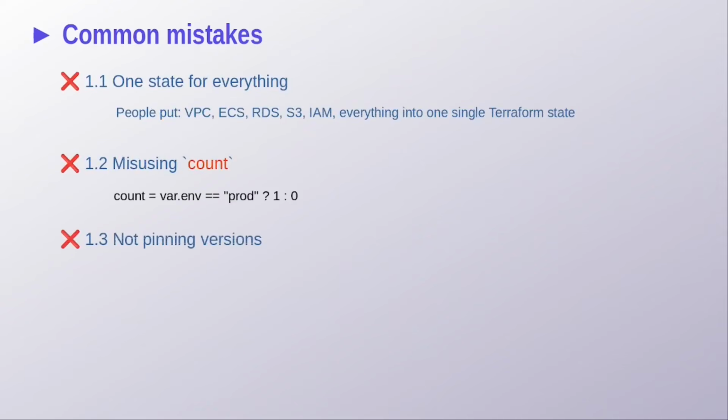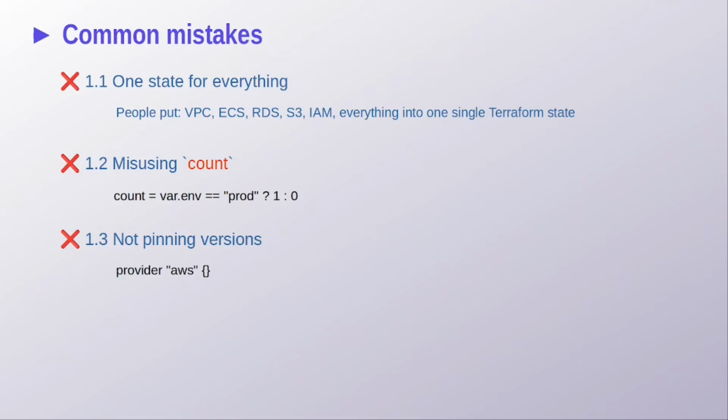First, one state for everything. This is the number one mistake. We usually put VPC, ECS, RDS, S3, IAM, and everything into one single Terraform state. Why is this dangerous? Terraform plans become very slow. Many people cannot work in parallel. One small mistake can destroy everything.